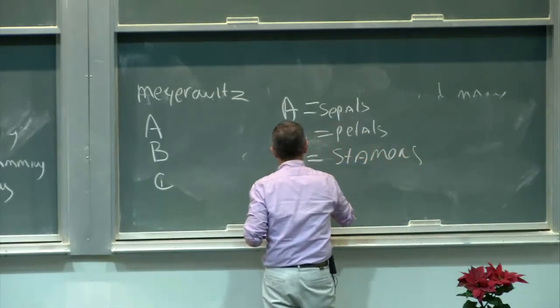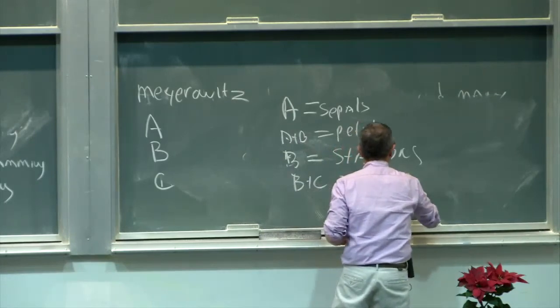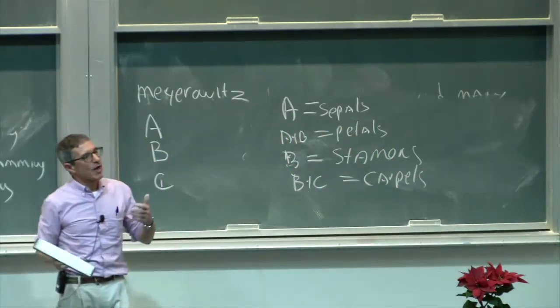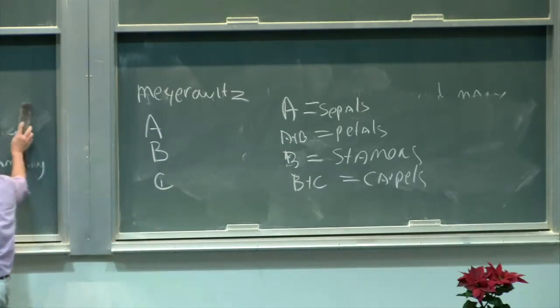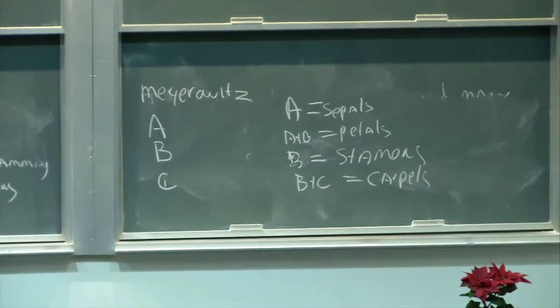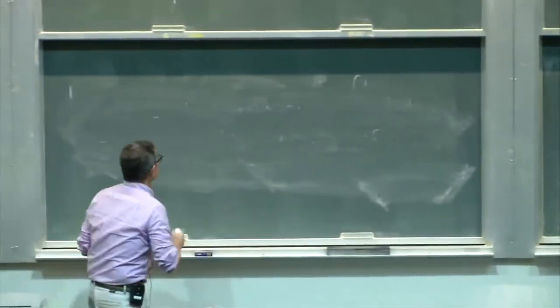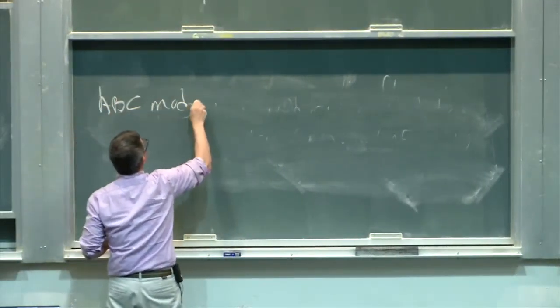And when B plus C are turned on, we make the carpels. So they were able to show that the different organs which make up the flower were a response of different types or groups of genes turning on. And from their work, they developed the so-called ABC model of flowering.